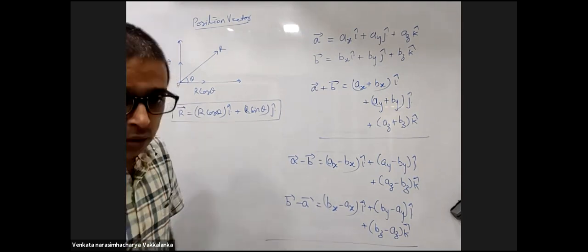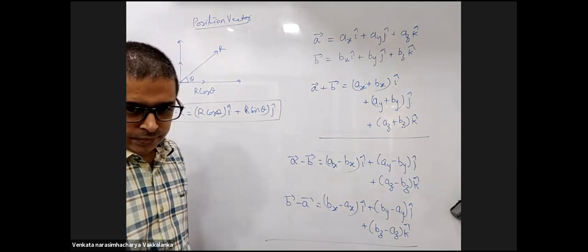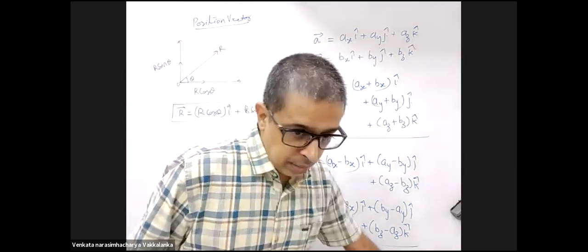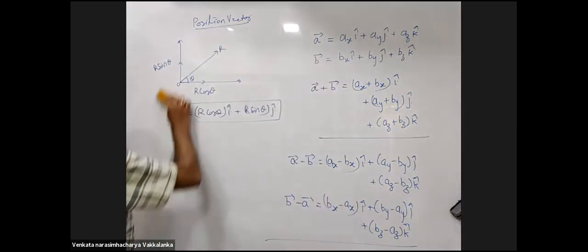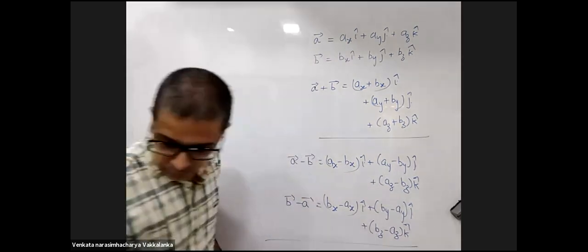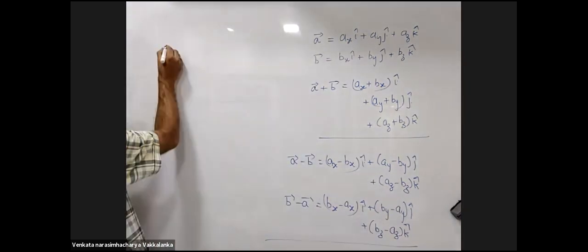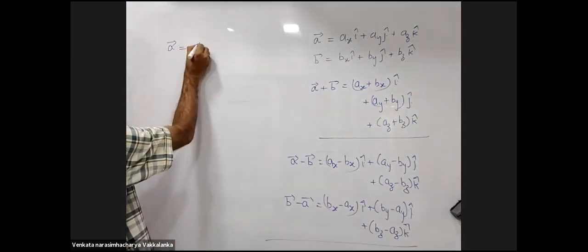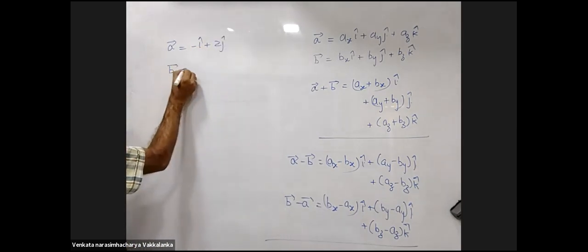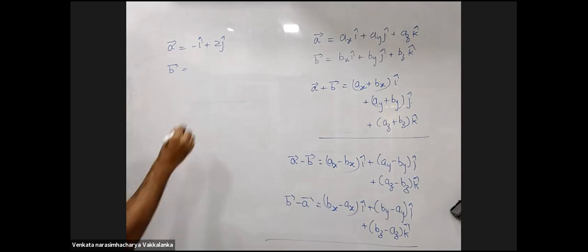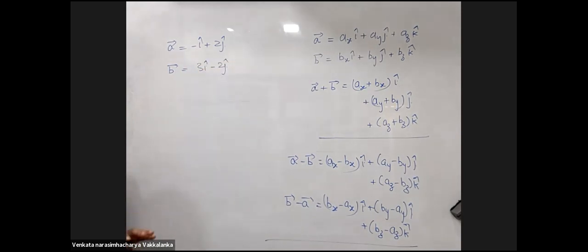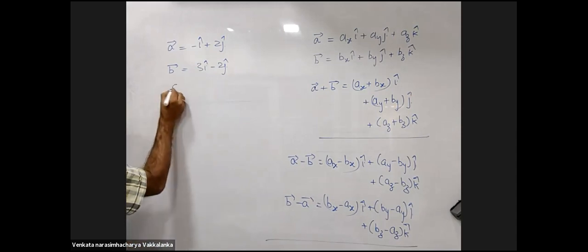Can I rub the board? I give you a vector A as minus i cap plus 2j cap. B is given as 3i cap minus 2j cap.